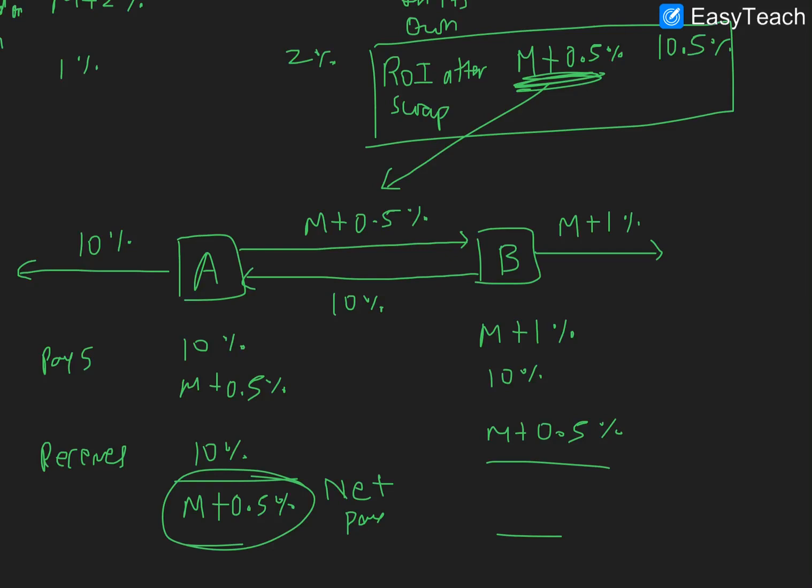Whereas in case of B, you will find that it pays MIBOR plus 1%, it also pays 10%, it receives MIBOR plus 0.5%.